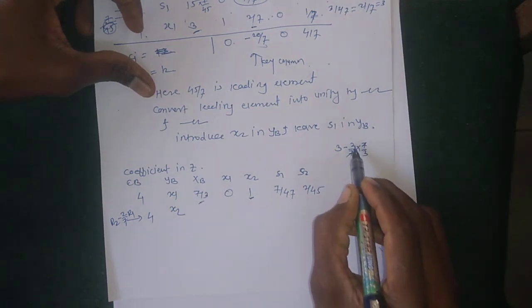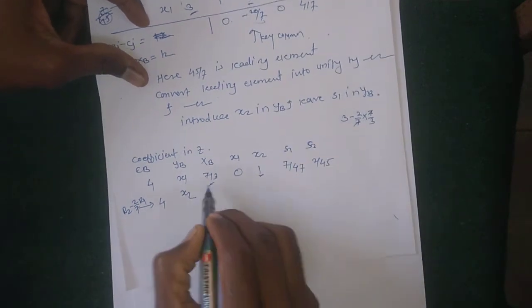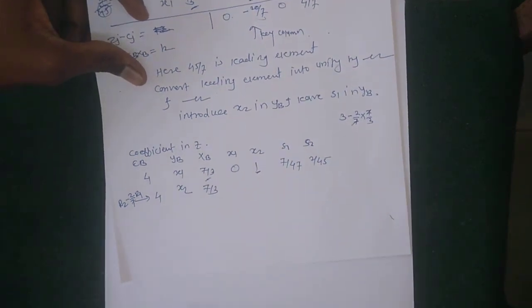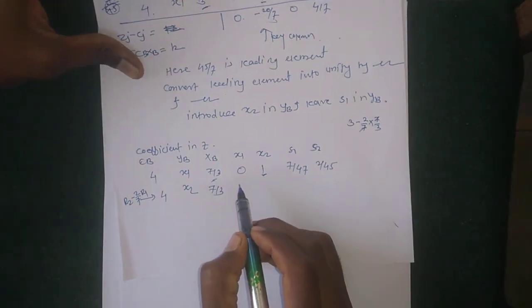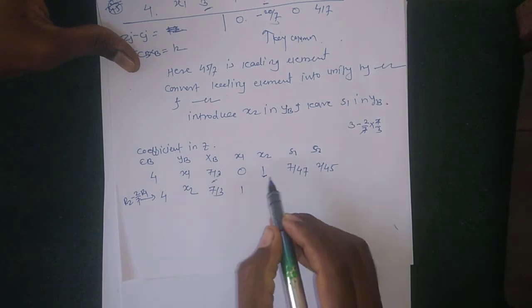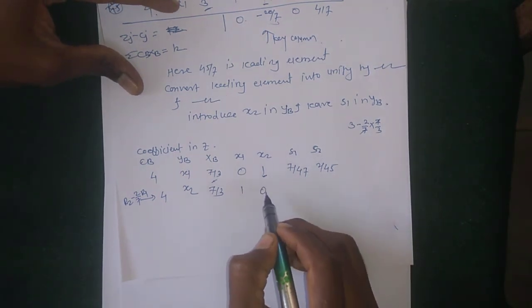So 7 get cancelled, 3 minus 2 by 3, 9 minus 2, 7 by 3. Okay, this is also 7 by 3. Then next is 1 minus 0, 1 as it is. Then lastly is 2 by 7 minus 2 by 7, 0.